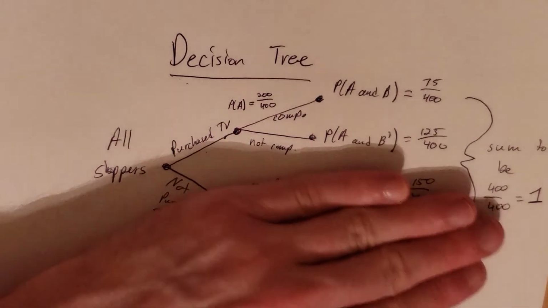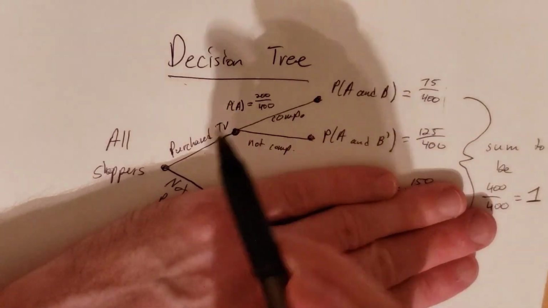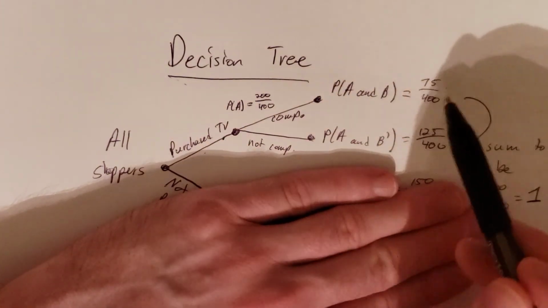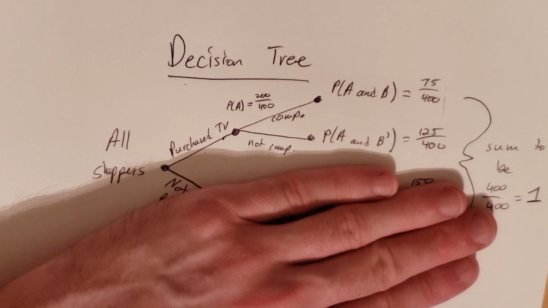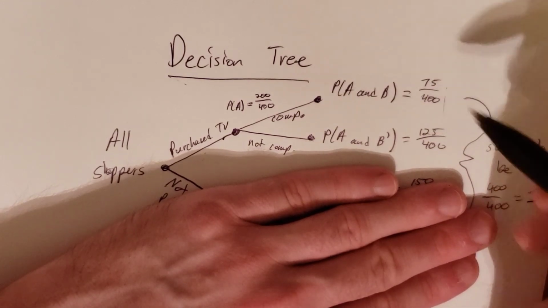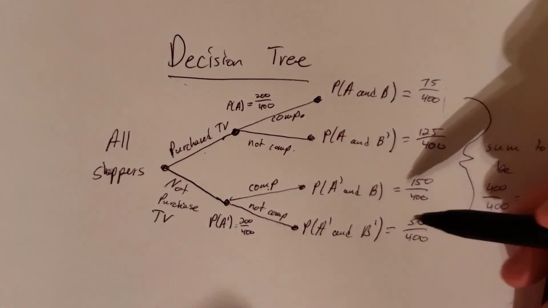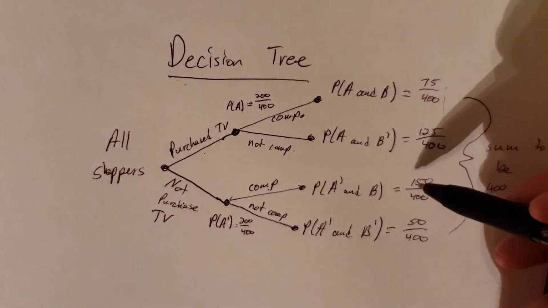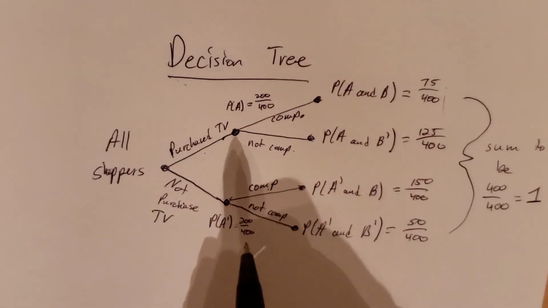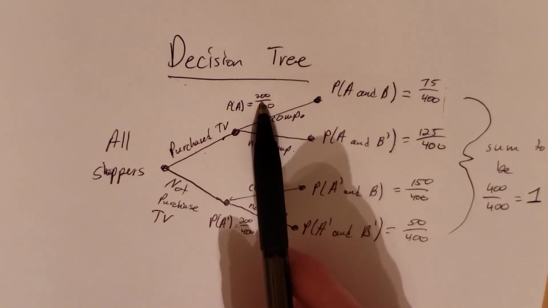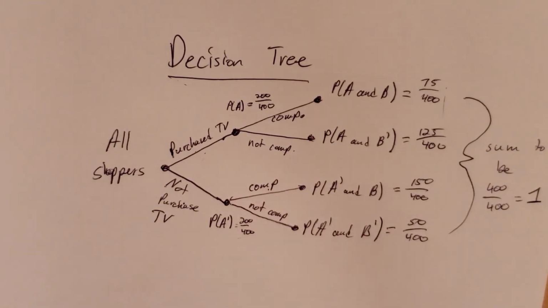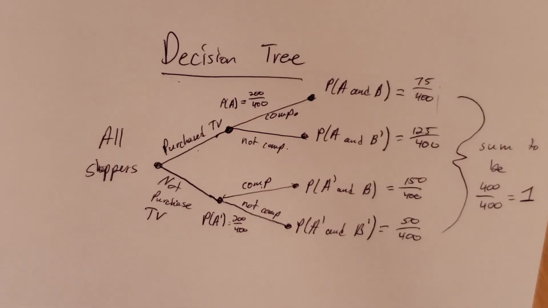And within each part, the probabilities here should sum to the probability that a TV was purchased. That happens to be 50% here, but that's not always going to happen. This doesn't have to be the same as the probability here. It just happened in this case because purchase a TV was 50% and not purchase a TV was 50%. And this is how we draw a decision tree. And that's actually where we'll end this video.